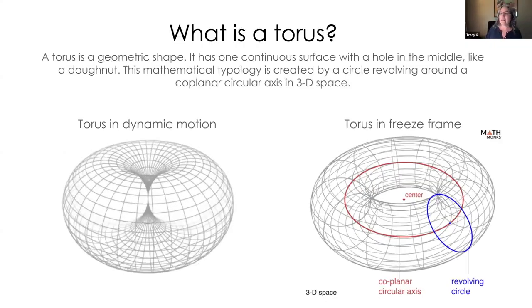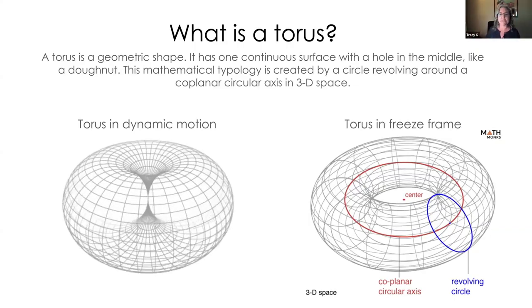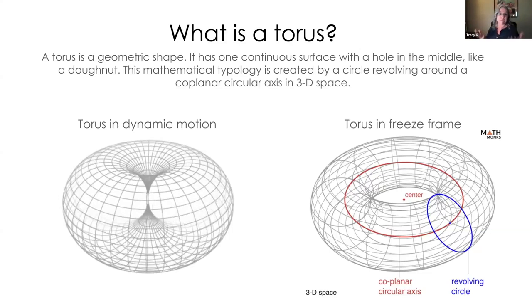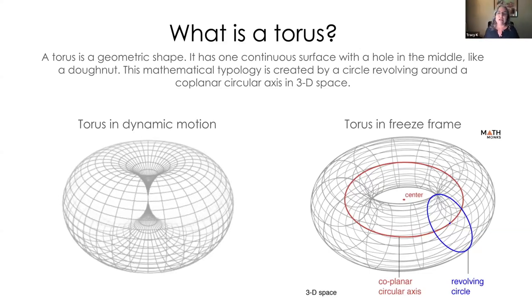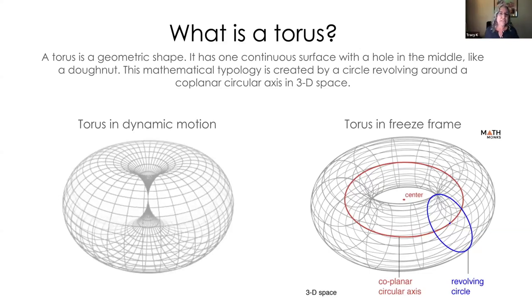A torus is a mathematical shape. There's a whole branch of mathematics called topology that the torus is a main part of and is key to. A torus is a continuous surface with a hole in the middle.